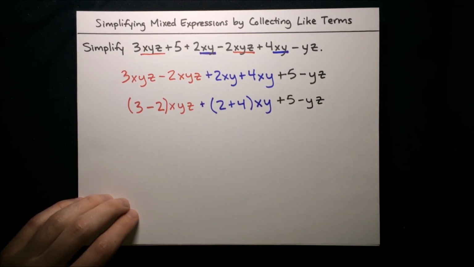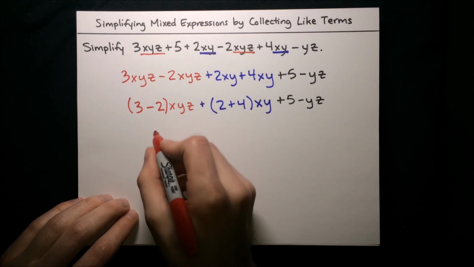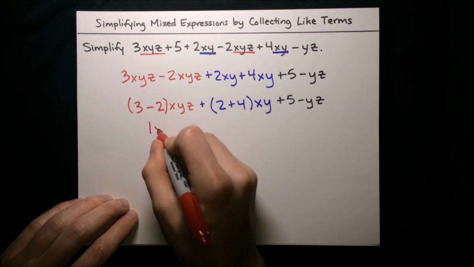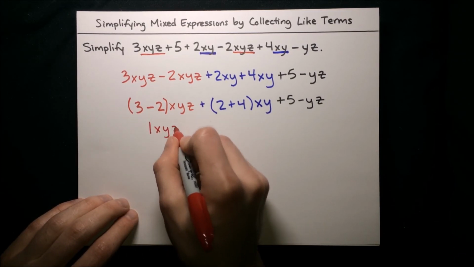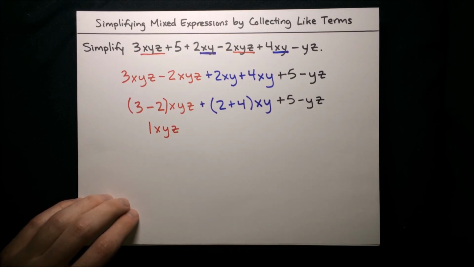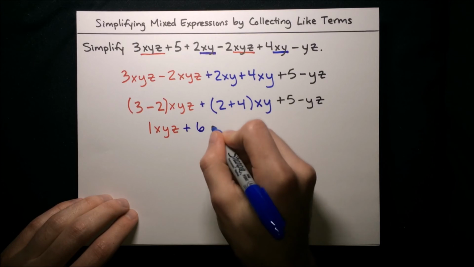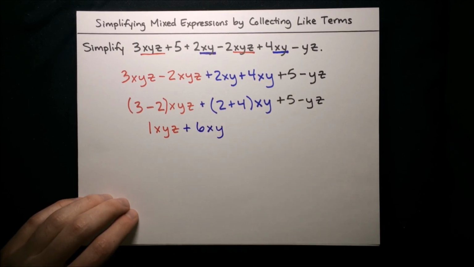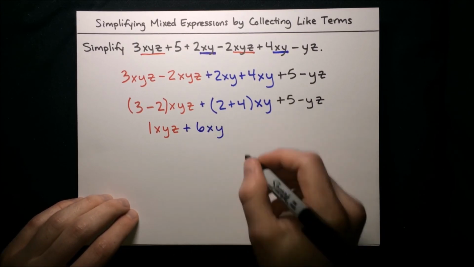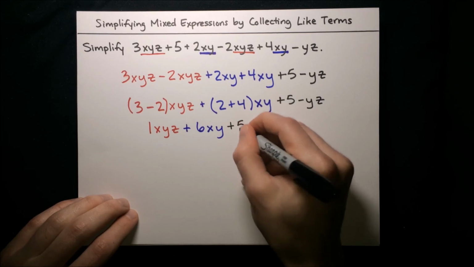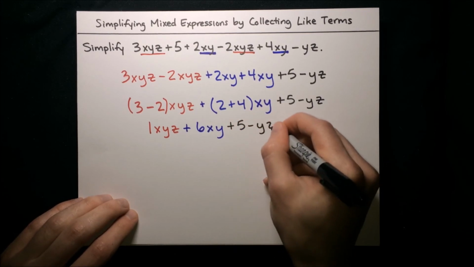And let's go ahead and simplify this. So 3 minus 2, that's just 1. So 1xyz. And then 2 plus 4, that's just 6. So plus 6xy. And then we just have our plus 5 minus yz.